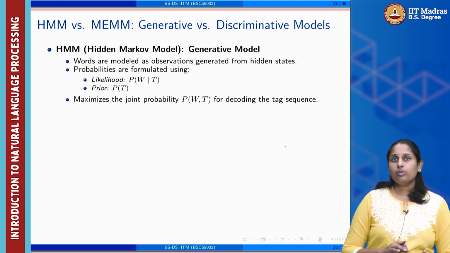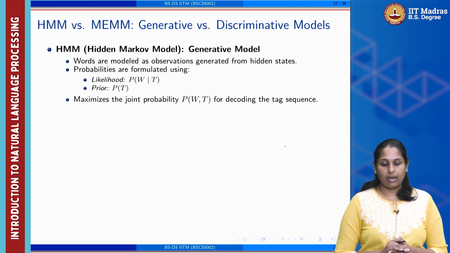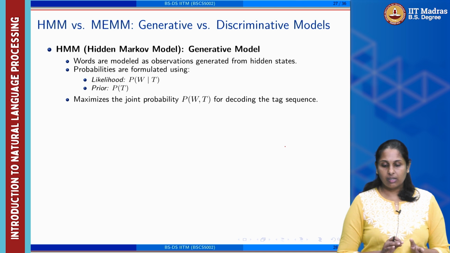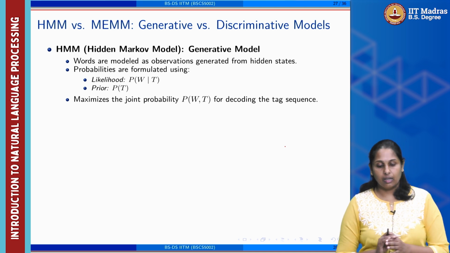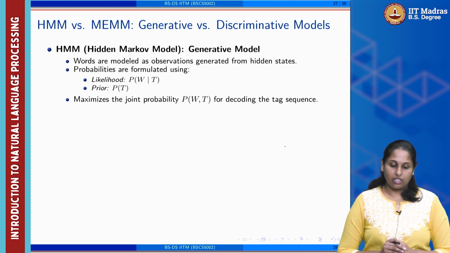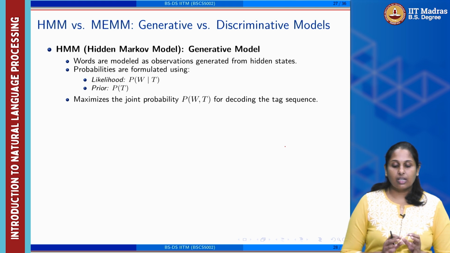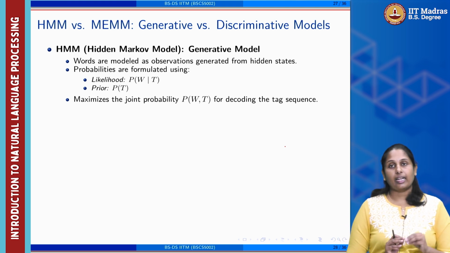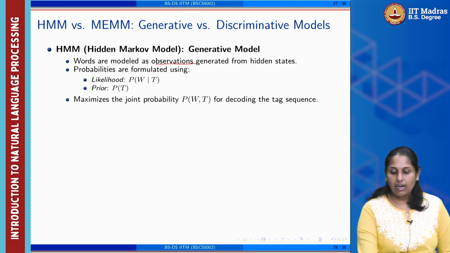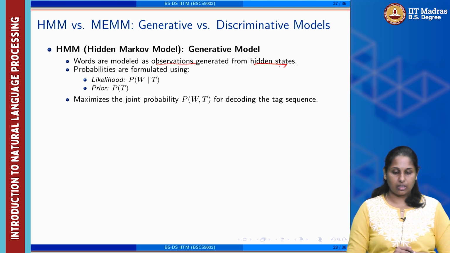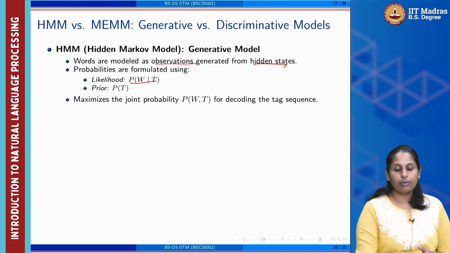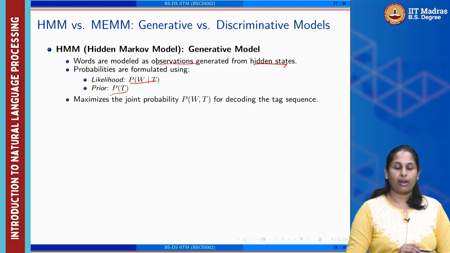Now the difference between HMM and MEMM: HMM is a generative model, as we just said, and MEMM is a discriminative model. In HMM, words are observations, and they are generated from hidden states. The probabilities are identified as likelihood probability and prior probability.